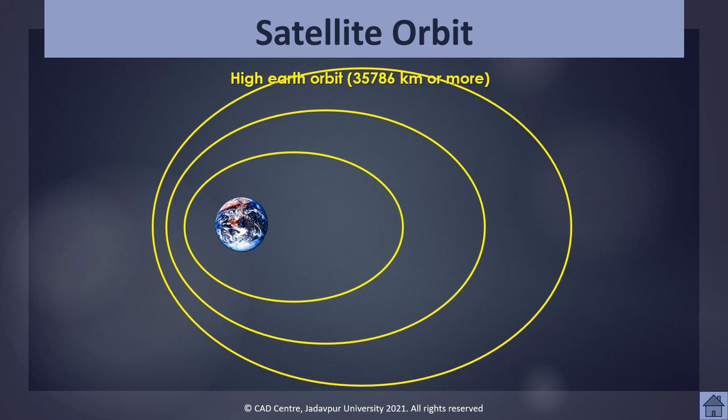Now remote sensing satellites need to be placed very close to the Earth's surface, so that the sensors or the cameras can see the Earth surface materials or Earth surface features clearly.